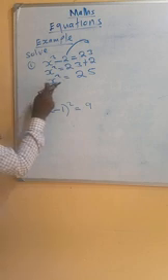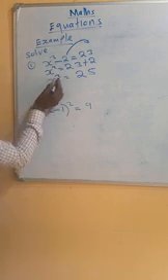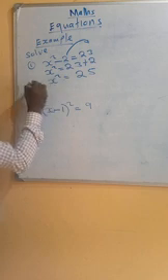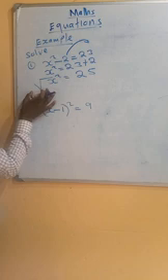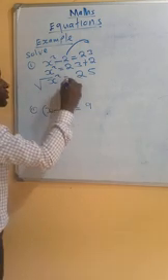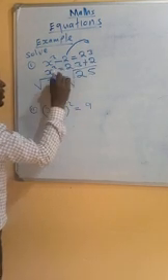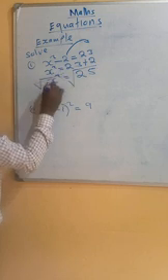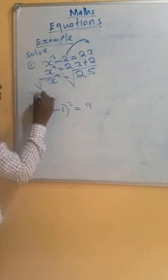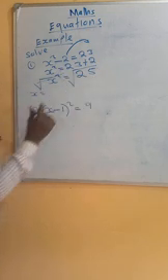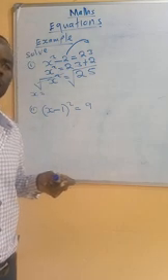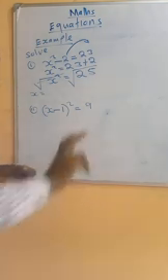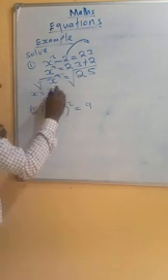Okay, now we're looking for x. Now we need to remove this square. To remove the square, we are going to introduce the square root. So when I introduce the square root on this side, I also introduce the square root on the other side. So we cancel this. So we'll say x is equal to the square root of 25, the number you can multiply by itself twice to get 25, that is 5.